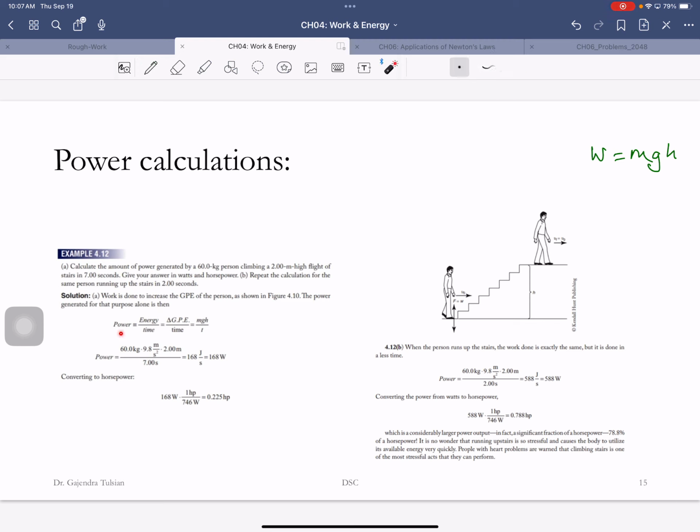Now power. To do work you need energy. Power is how fast you did that work: the energy you consume divided by the time. So there's the mass of the person, there's g, there's the height. 2 meters is roughly the height from the ground to there.